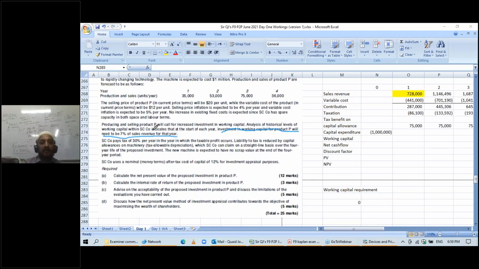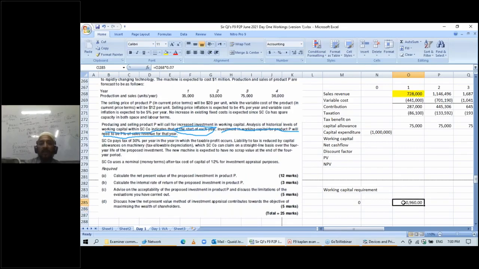They are talking about working capital within SC company, which indicates that at the start of each year, means at the start of year one, they should have a working capital requirement of 7%. So at the beginning, you have to invest this much cash. You have to give the working capital cash to the business. So at year 0, you should have a 7%.